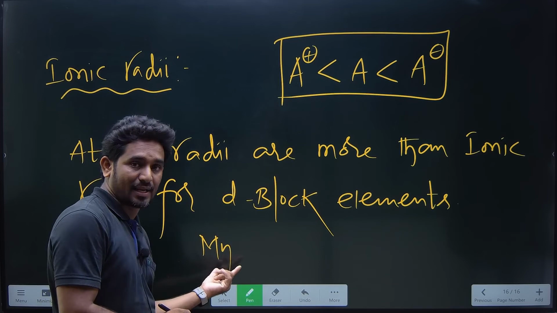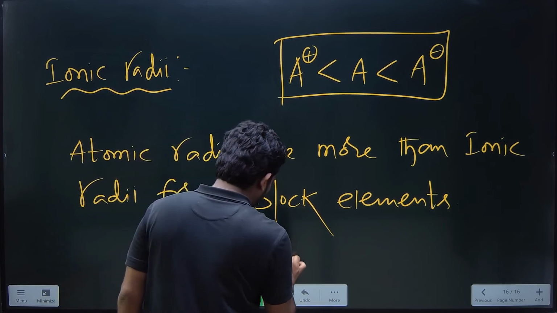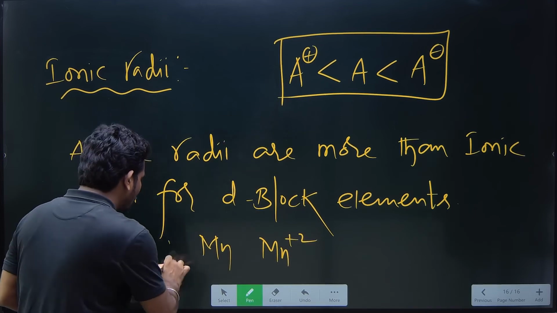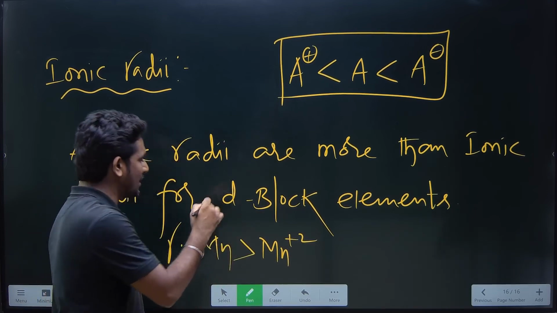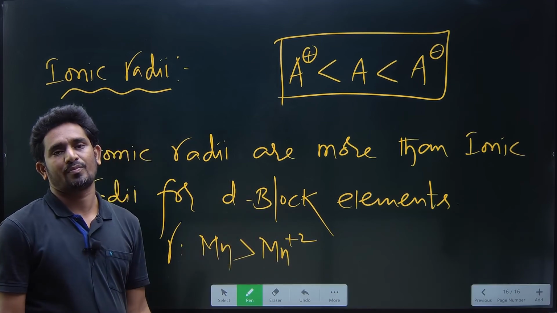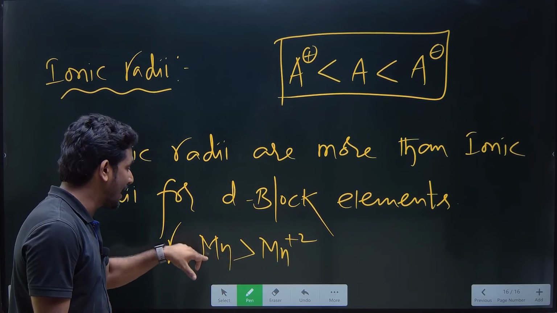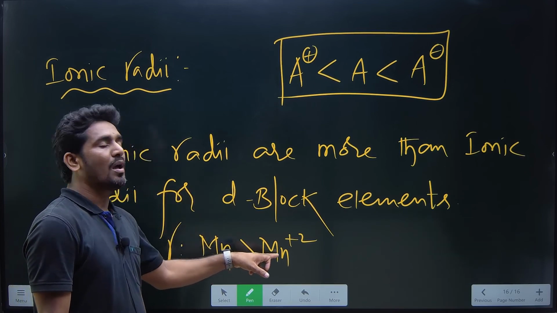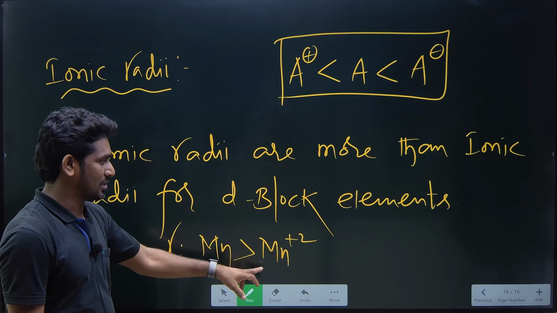Atom, atomic radii, and Mn+2, what is this? Ionic. So which has more radii? Always manganese has more radius than Mn+2. In this case, atomic radius is always greater than ionic radii for d block elements, because of positive charge.